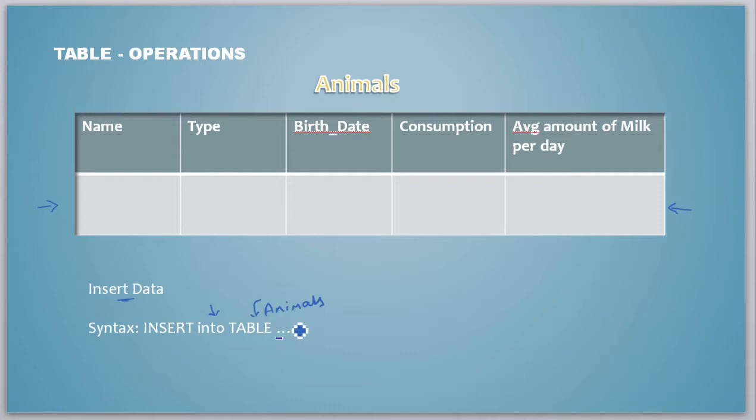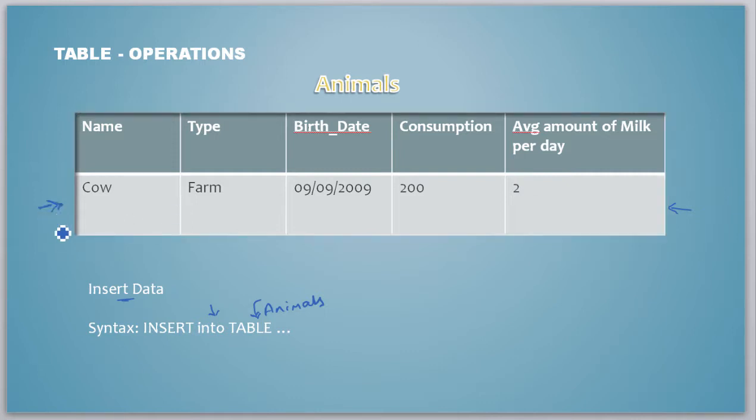So when we insert data, we insert into the table. Now I'm going to insert some values. Name, I'm just going to call farm animal, and then some date, how many calories it eats, and how much milk it produces, let's say 2 gallons a day. So what did I just do? I inserted data.